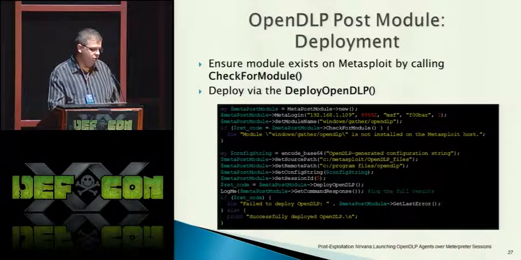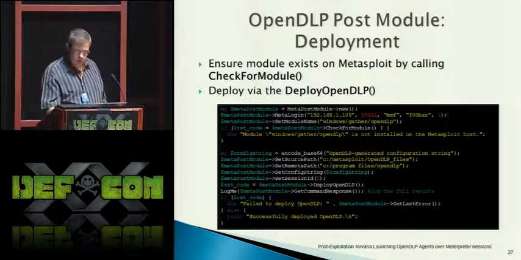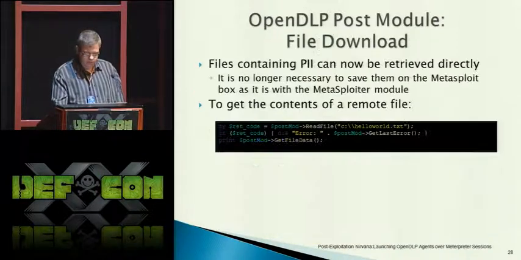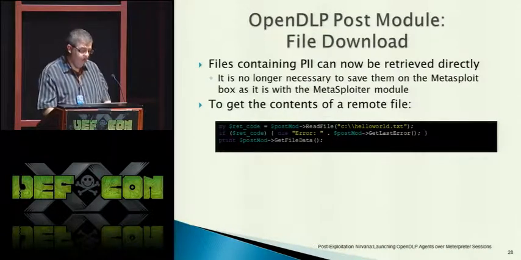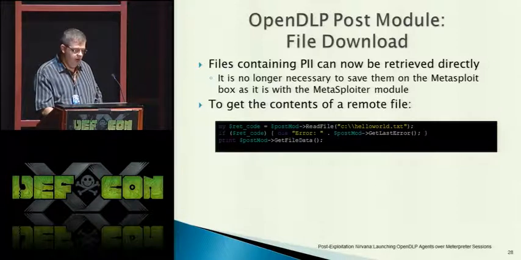It handles creating the directories, installing the service, and everything. And it returns 0 if it was successful. And we can download files just as easily. To get the contents of a remote file, I call the method read file. It returns 0 if successful, and then call get file data to get the contents of that file.